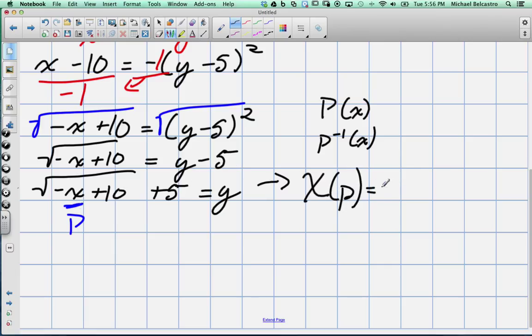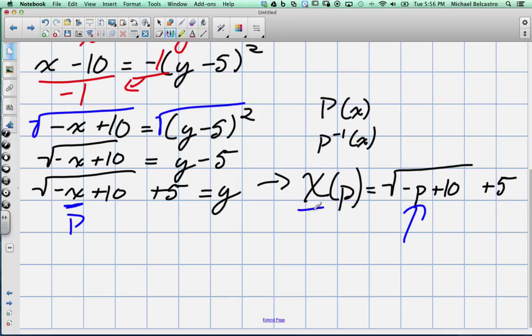I guess I'll write it like this: x of p, and this is the equation for it, the root of negative p plus 10, plus 5 on the outside. So what this is saying is if I want to figure out how many units it's going to take me to get maybe 300 in profit, I would plug in 300 and solve, and it would tell me how many units I need to build.